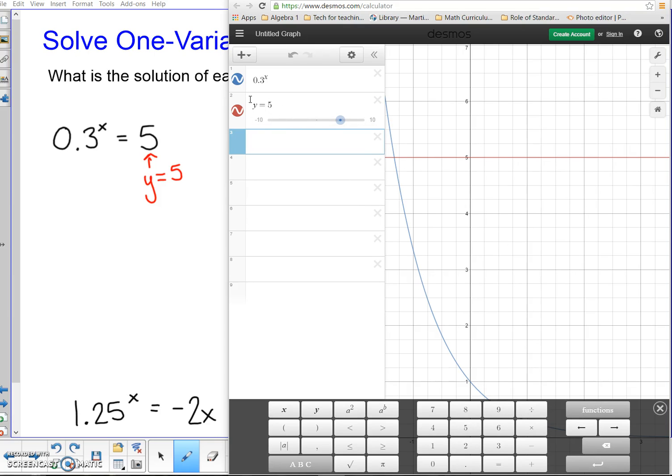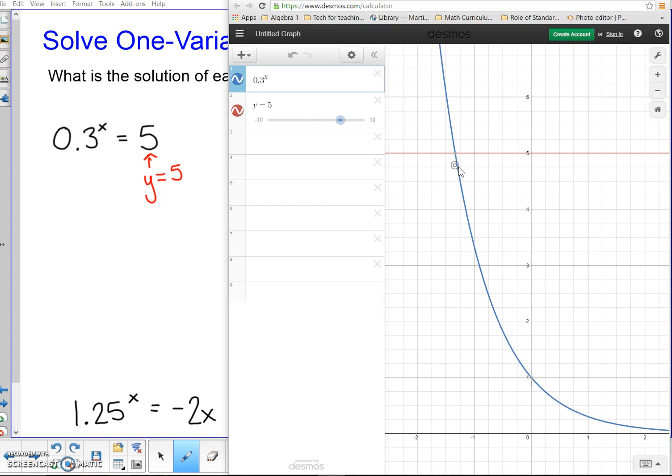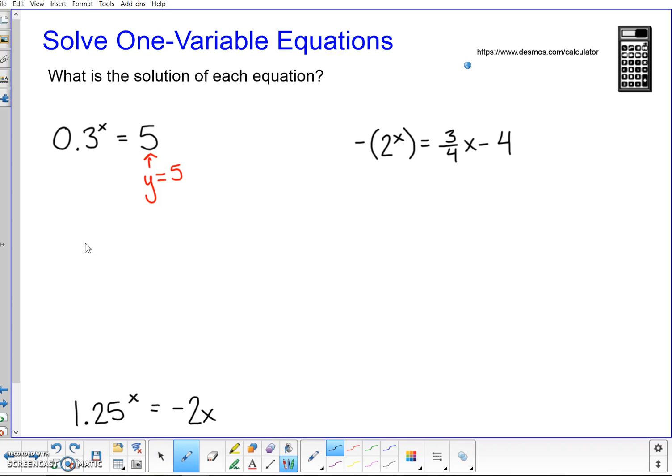Okay, and now you can see there's a blue graph and a red on your calculator, and all you have to do to figure out where they cross is click on one line, because the solution is the intersection. And click on one line, hover over the little dot, and it says -1.337, comma 5. So we're going to write that down, -1.337, 5. And there's our solution.